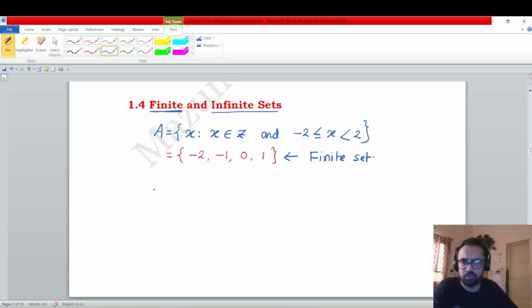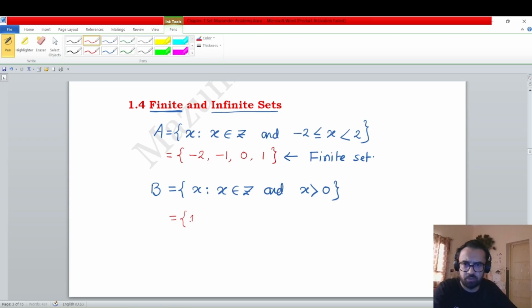Another example, if I choose say B equal to all those x such that x is an integer and x greater than 0. Now imagine if you work out the elements of this set, x greater than 0 and it should be an integer.